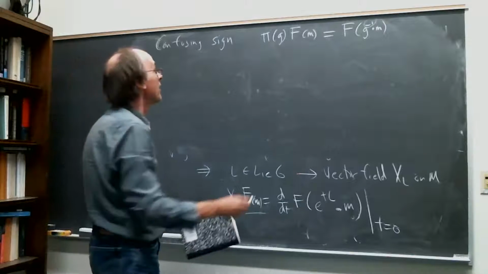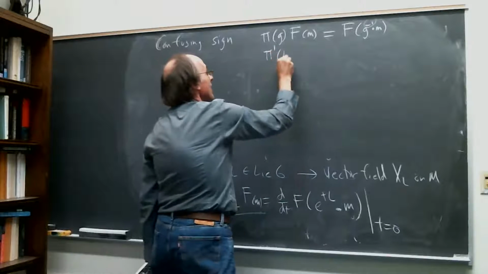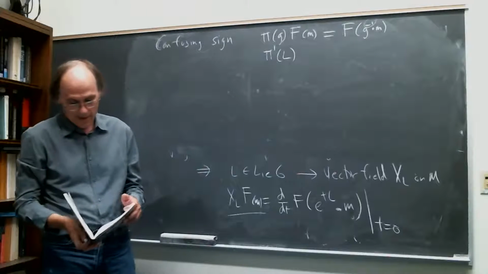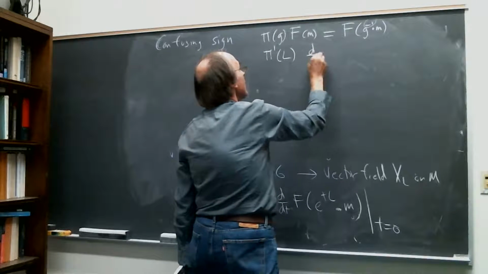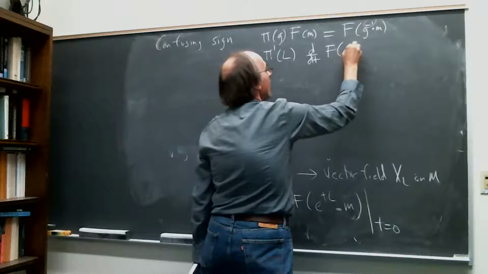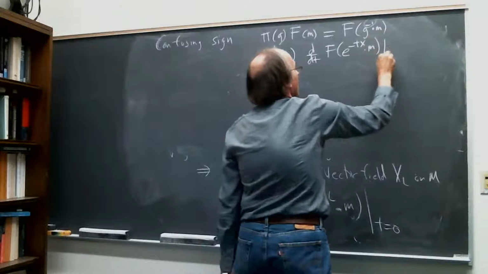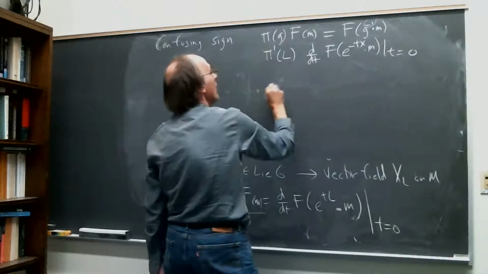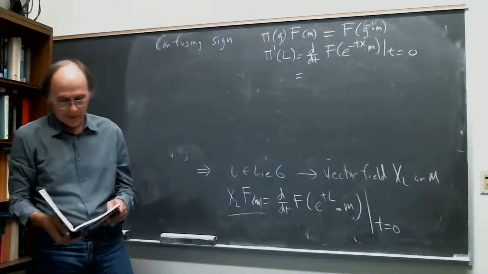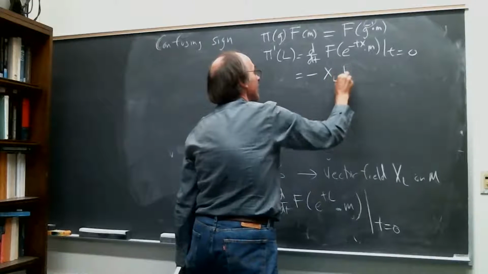And if you take the Lie algebra representation, pi prime, which depends on the Lie algebra element, you get it by differentiating this thing. It's d/dt of f of e^{-tL}, and that's going to be minus X_L.